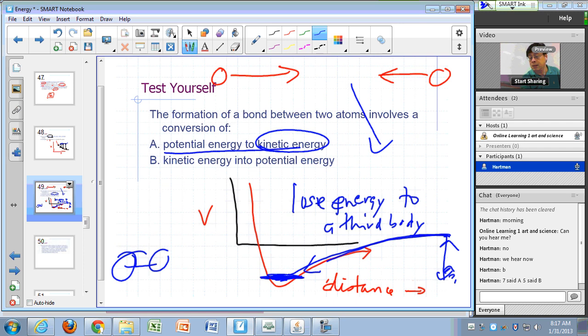Exo means out, thermic means heat. So when two atoms form a bond, you're converting their potential energy into kinetic energy of a third body. And so the system gets hot. The collection of atoms and the immediate surroundings will get hot as a result of bond formation.